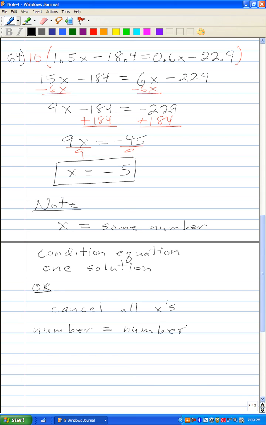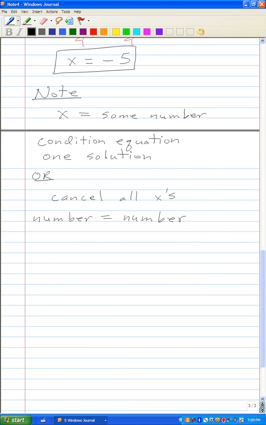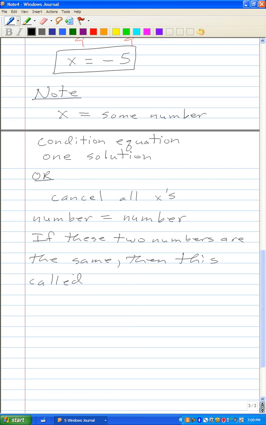Okay. So we have two sort of cases here. If these two numbers are the same, then this is called an identity.